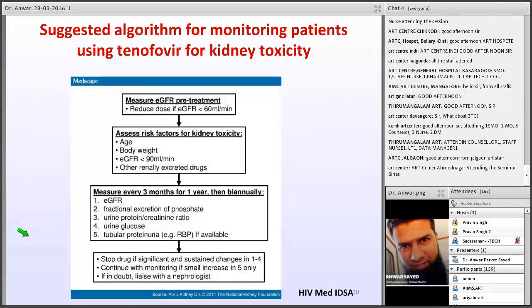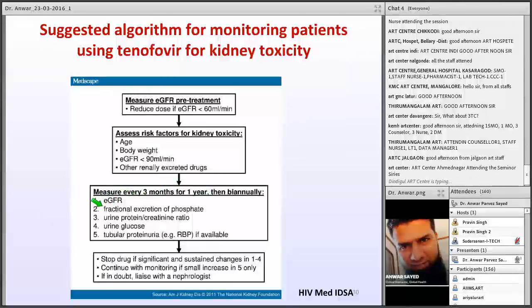There are various suggested algorithms. Again, this is not recommended or given in our national guidelines, but IDSA guidelines say that we can measure the pre-tenofovir GFR or creatinine clearance. If it is less than 60, then assess the risk factors for kidney toxicity. If age is more, weight is less, estimated GFR is less than 90, and the person is taking other renally excreted drugs, then measure every 3 months for 1 year, then biannually.